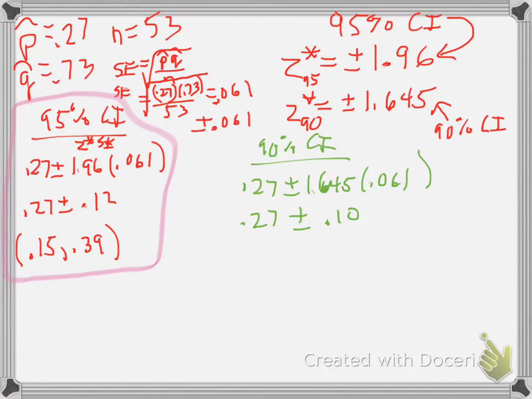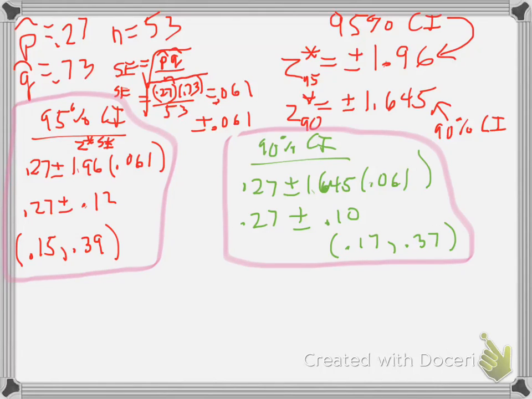So we get 0.27 plus or minus 10%. So this confidence interval is 0.17 and 0.37. Okay, so I'm going to talk about what those mean here in a second.